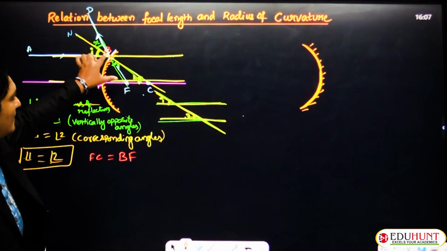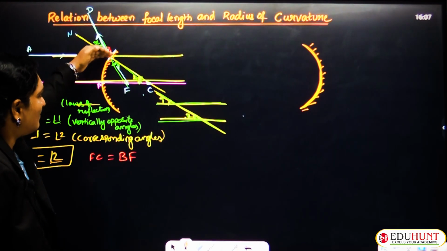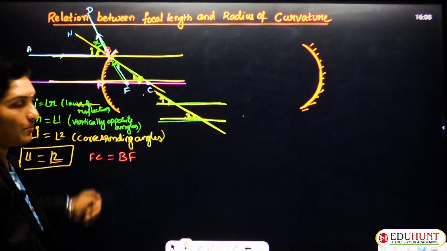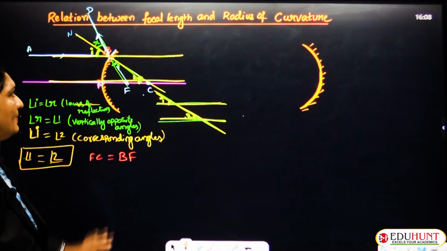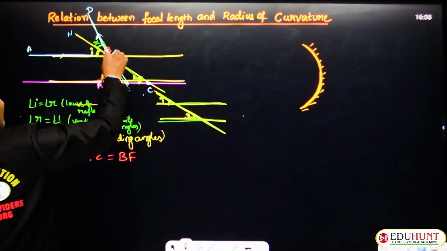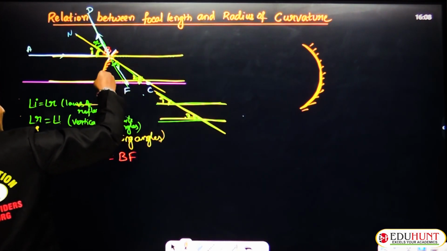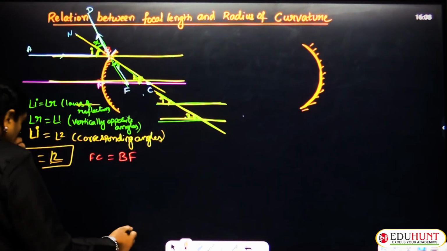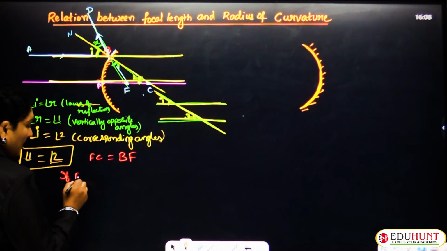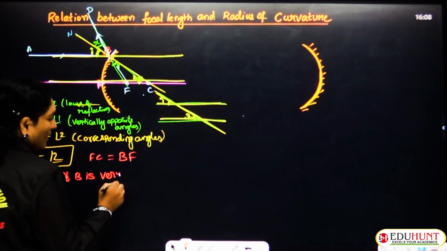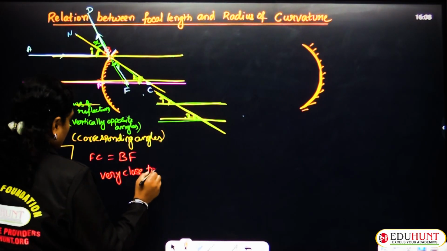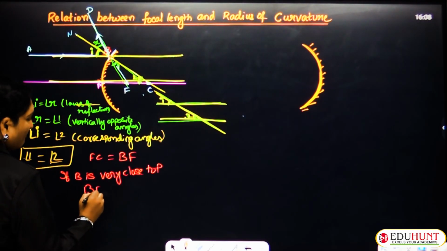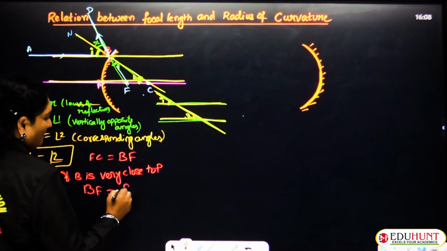Suppose you consider that this B is very close to point P. If B is very close to P, then the aperture will be the same. Then instead of BF, may I write it as PF? So that is a condition. If B is very close to P, I can write the same as PF.